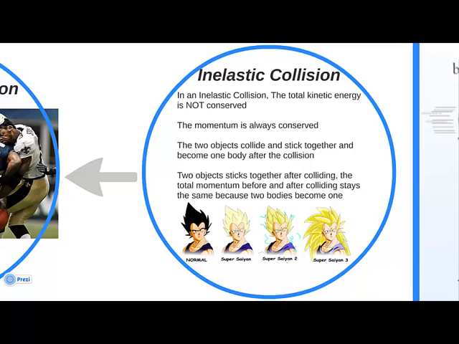Something we should know is that the momentum is always conserved, even if it's an elastic or inelastic collision. But in an inelastic collision, total kinetic energy is not conserved. It's really important. The two objects collide and they stick together and become one.